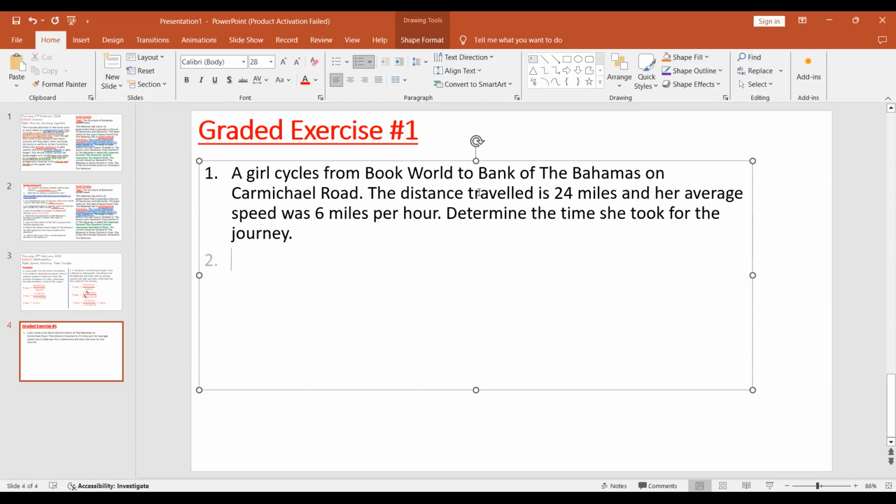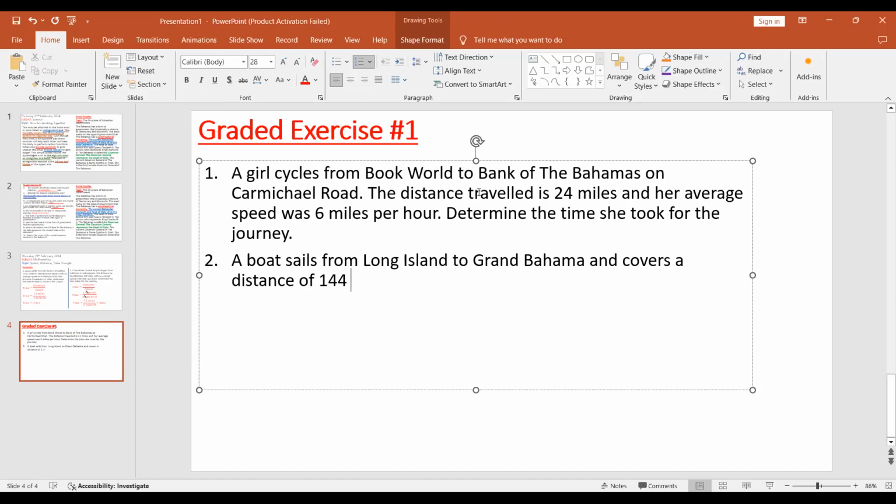Number two, a boat sails from Long Island to Grand Bahama. Covers a distance of 108 miles.